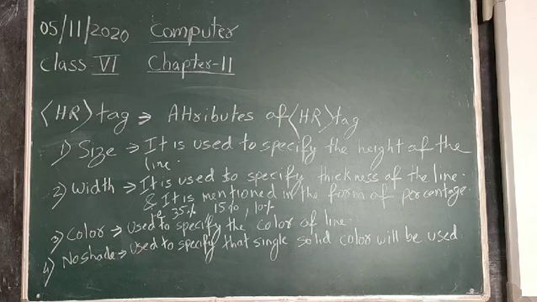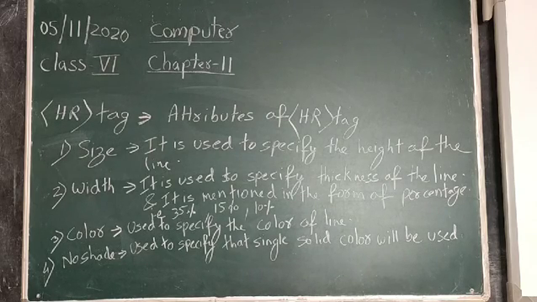Width is used to specify the thickness of the line, or the width of the line can be decided by using the width attribute. And the value for the width attribute can be given only in the form of percentage. Like if you want to make your line thicker, you can specify 35% or 40%. If you want a thin line, you can give 5%, 2% like this.